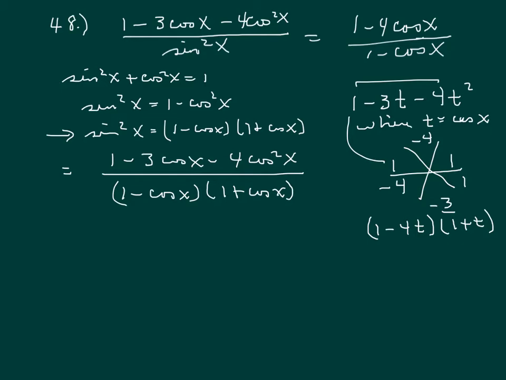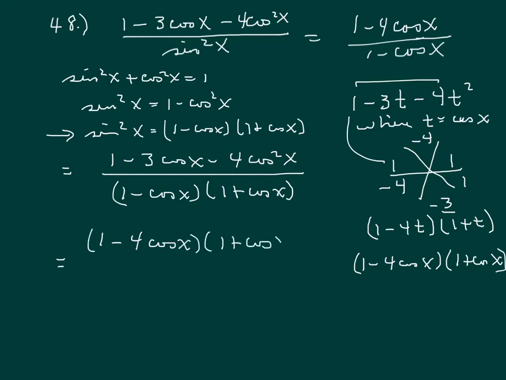Looking back, t was the cosine of x, so I have 1 minus 4 cosine x, 1 plus cosine x. So the top factors into 1 minus 4 cosine x, 1 plus cosine x, over 1 minus cosine x, 1 plus cosine x.